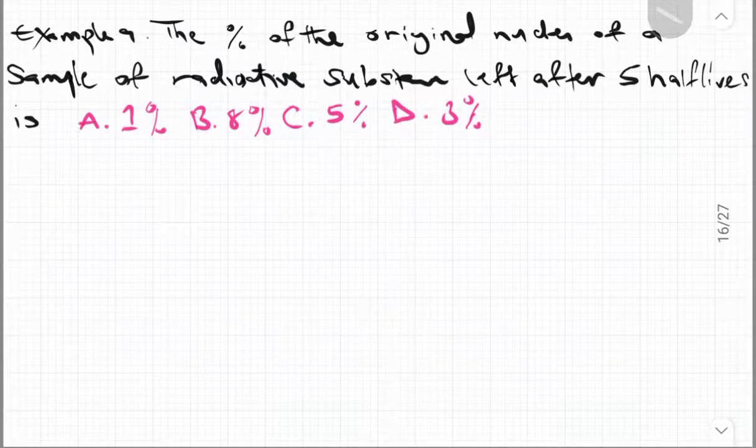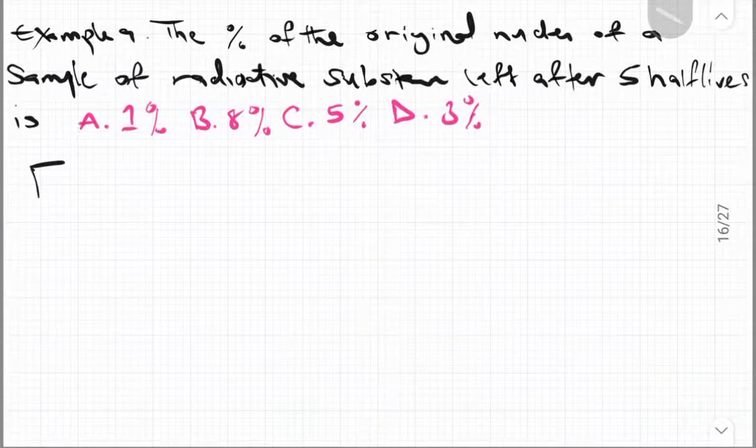Okay, so the percentage of the original nuclide of a sample of radioactive substance left after 5 half-lives is, so this is the percentage of the original nuclei left.